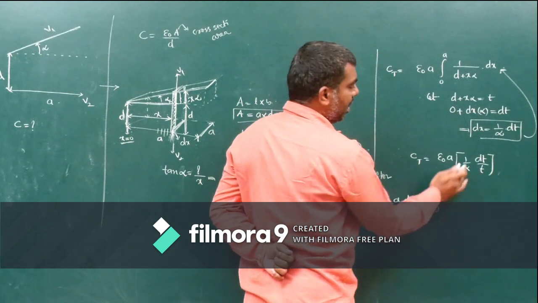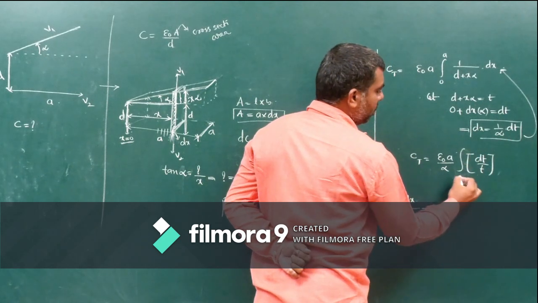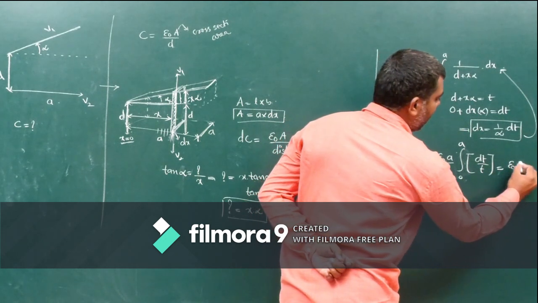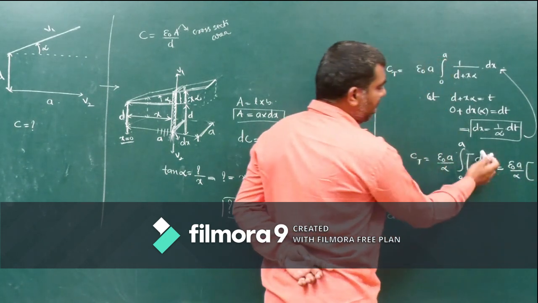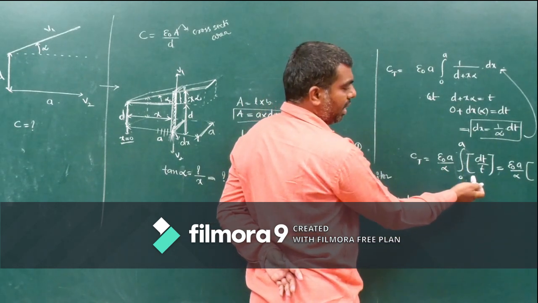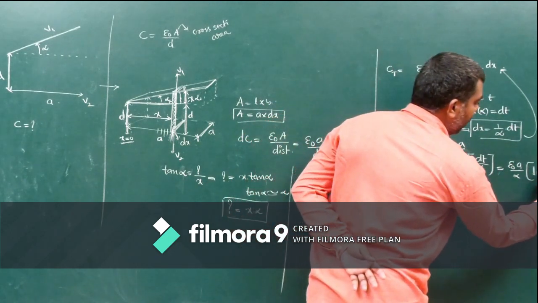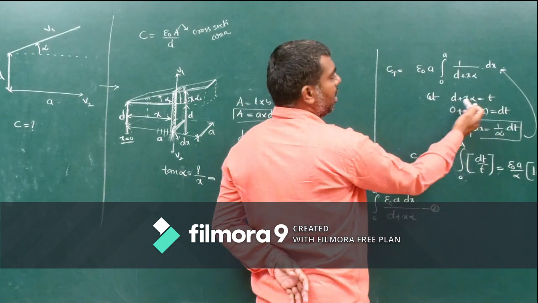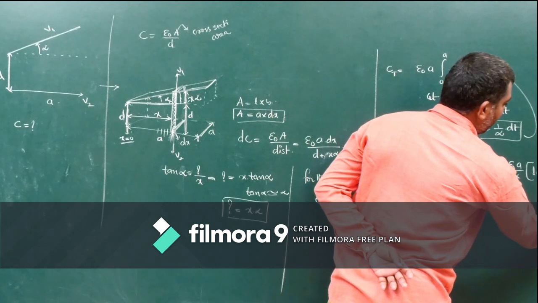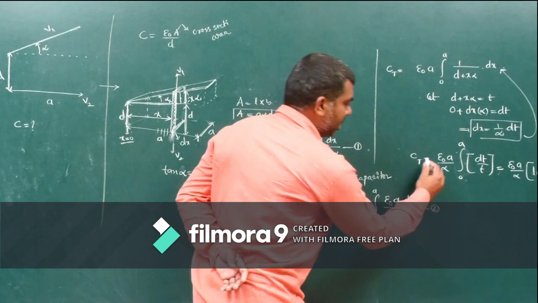Since alpha is constant, I am writing it outside the integral. Now directly, epsilon naught a divided by alpha integration of 1 by t dt. Integration of 1 by t dt means log t. What is t? That is d plus x alpha. And the limits are 0 to a.